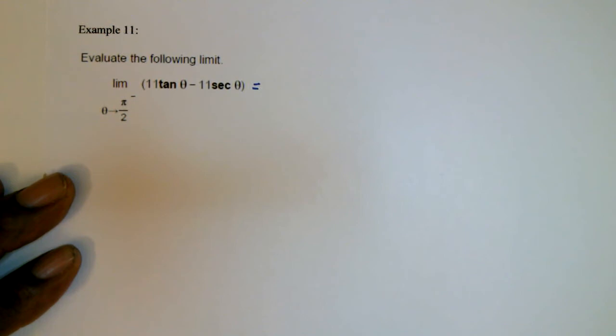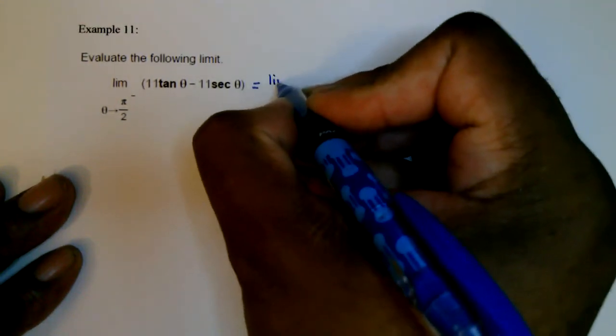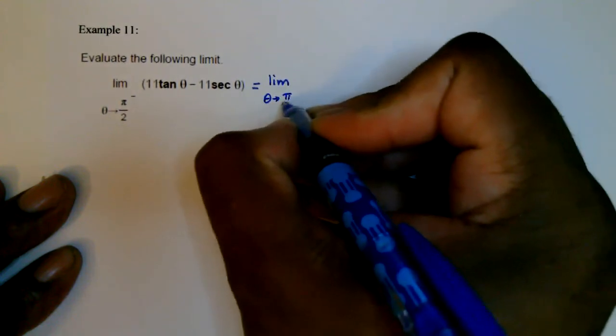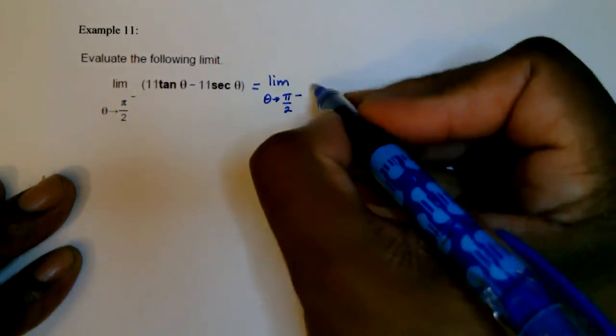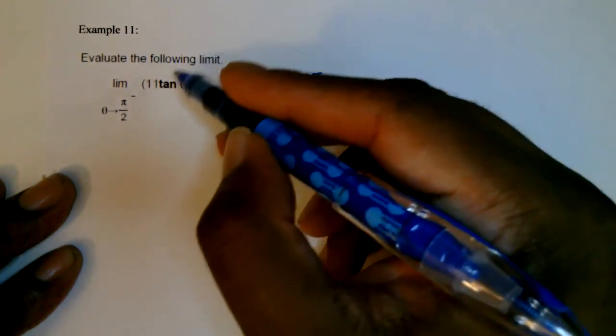And I need to write this in the form of something like infinity over infinity or 0 over 0 for me to use L'Hopital's rule. So here's what I'm going to do here. I have the limit as theta approaches pi halves from the left of tangent of theta.